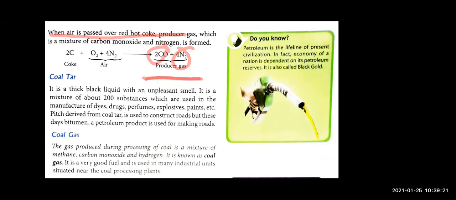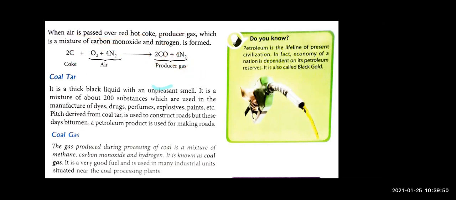So you have to remember that if you pass steam over red hot coke, it produces water gas, which is carbon monoxide plus hydrogen gas. And if you pass air, that is oxygen O2 plus 4N2, nitrogen is present in air, it produces producer gas, which is a mixture of carbon monoxide and nitrogen.